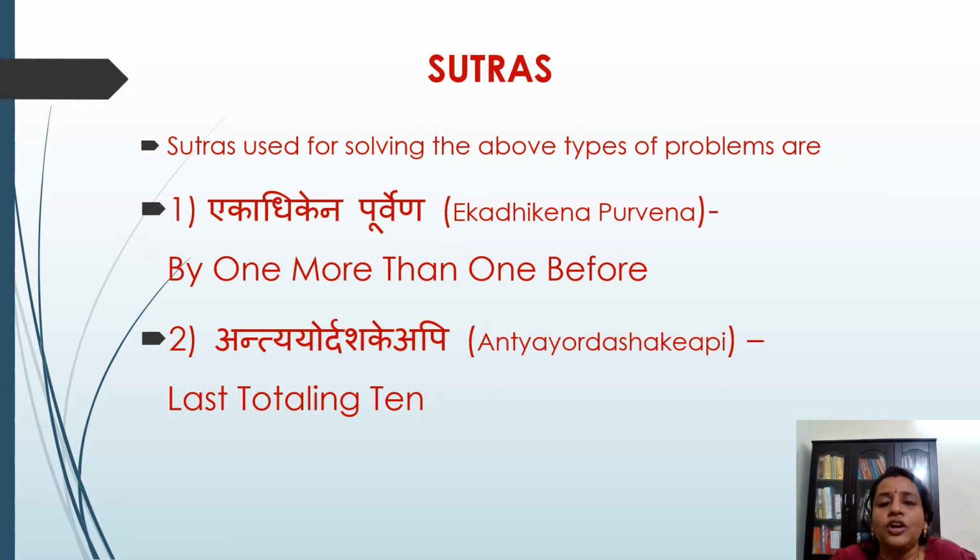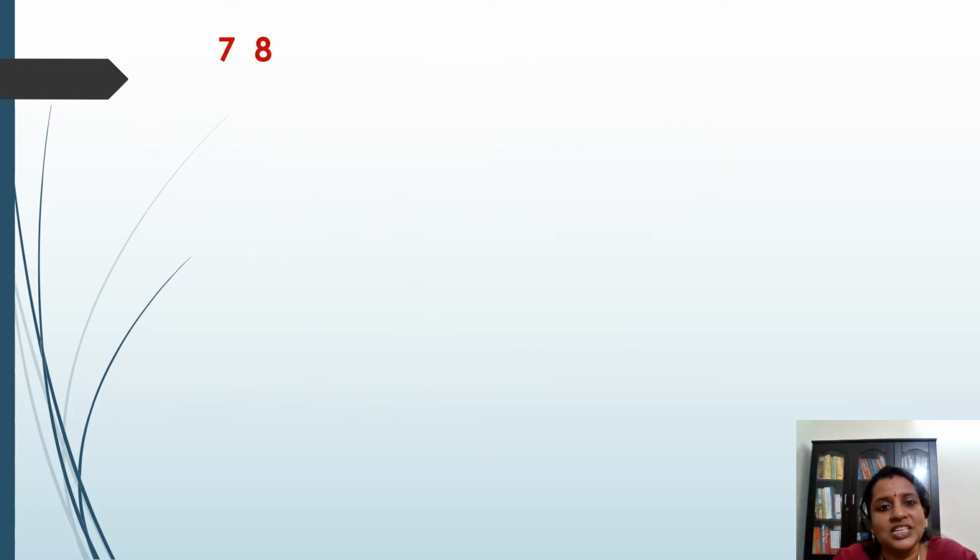Okay, we are going to apply these sutras and solve 78 into 72 and other numbers of the same pattern, and we are going to see some problems for this methodology. Come, let's start. First, 78 into 72. What I'm going to do initially is divide each number into two halves.